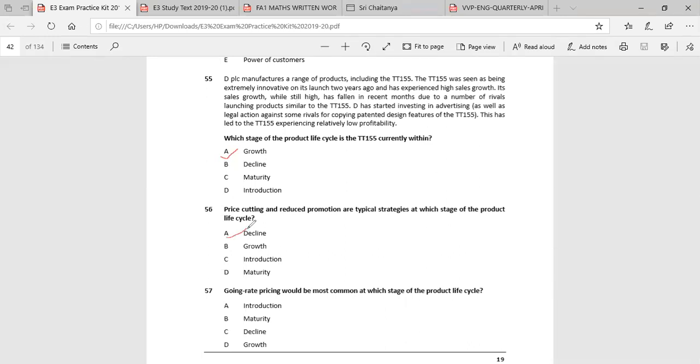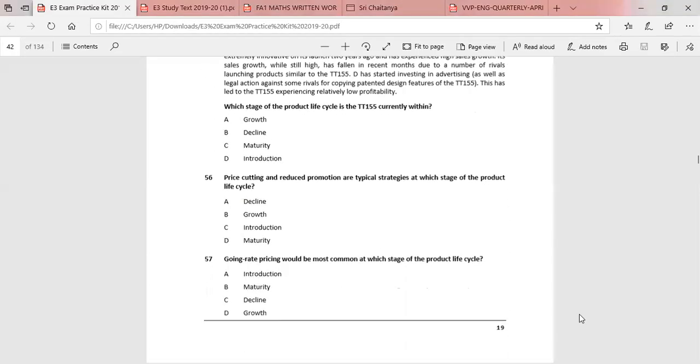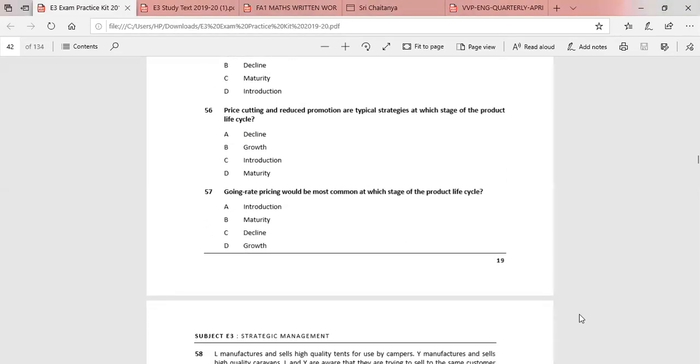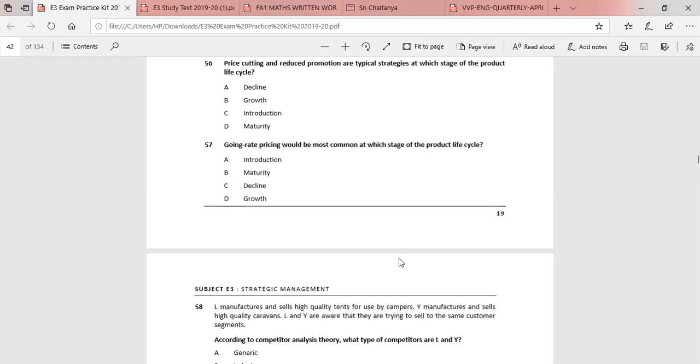Going rate pricing would be most economical at which stage of the product life cycle? Going rate, it settles down. Maturity is the answer.